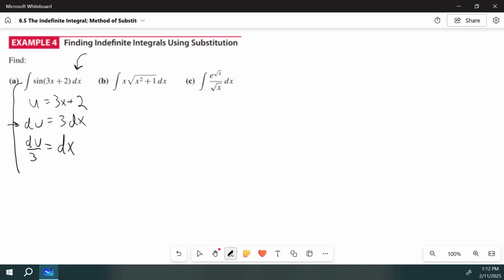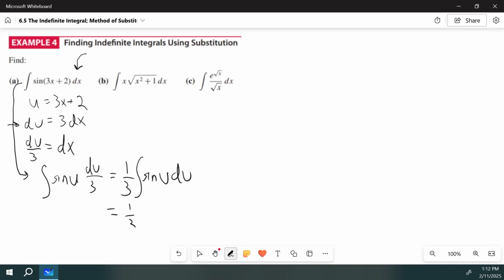And then our integral becomes the integral of sine u du over 3. By the properties of integrals, I can factor out that 1/3 and get 1/3 times the integral of sine u du.